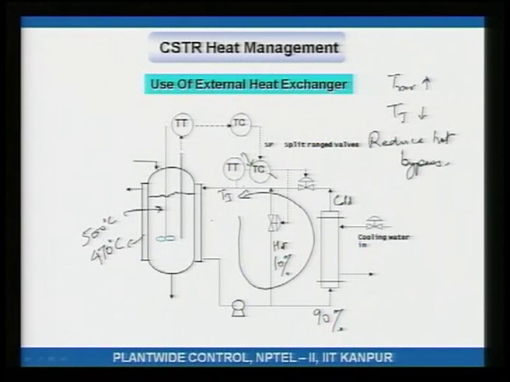Notice that if there had been no bypass, then this temperature controller would have had to adjust the cooling water flow rate, and heat is getting transferred across a heat exchanger. Reactor temperature is going up, I need to reduce the jacket temperature.